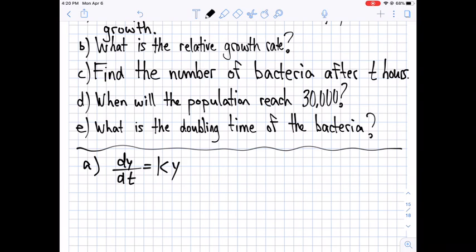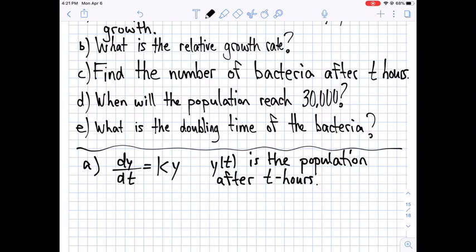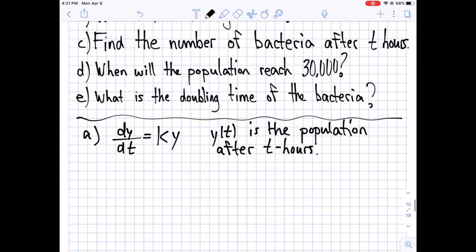So for now, that's going to be our differential equation, and we have that y of t is going to be the population after, in this case, t hours.